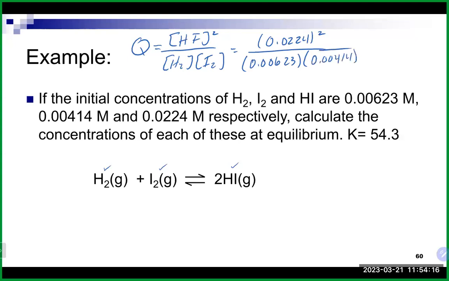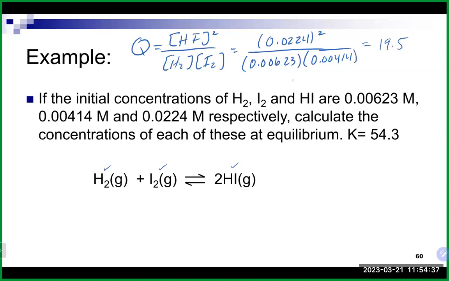If we do that here, we got 0.0224 squared divided by 0.00623 and divided by 0.00414, which gives us 19.5 for our Q.